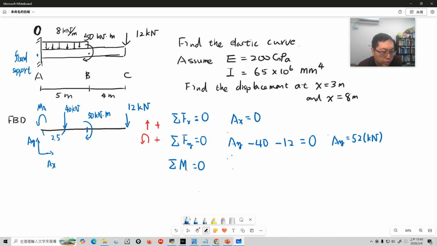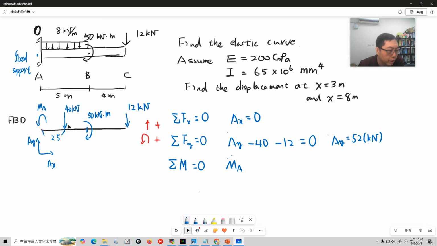We have a moment at position A, so it's MA, and we have another moment of 50 kilonewton meter. Sorry, I should mention this first. Here is 40 kilonewton pointing down, and this force will create a moment, counterclockwise or clockwise. This force points down, and the reference point is A.